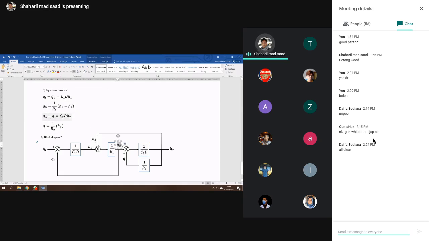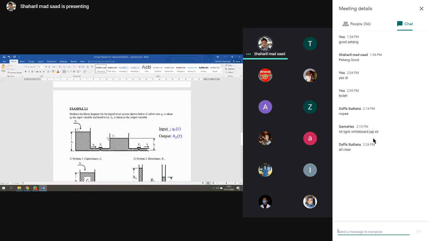Then Q naught minus Q, from equation number 3, times 1 over C2 D, and you get H2. And then you solve for Q with 1 over R2. For the H2 you can take from this point, and for the Q naught you can also take from this point. Okay, complete solution for the liquid level system.